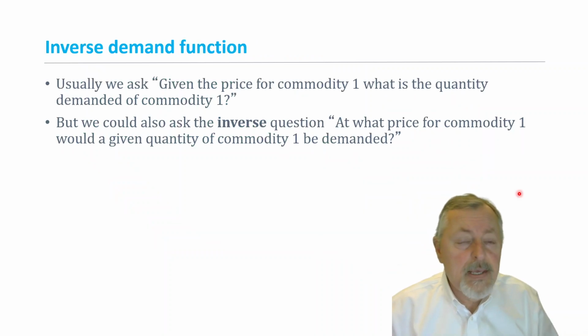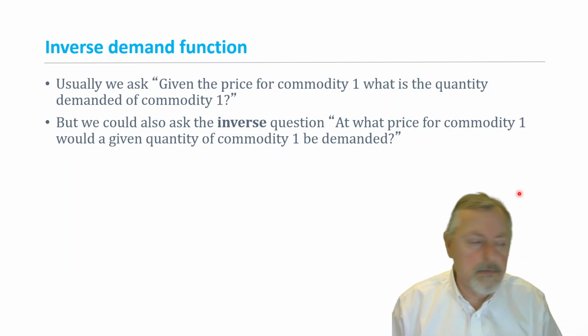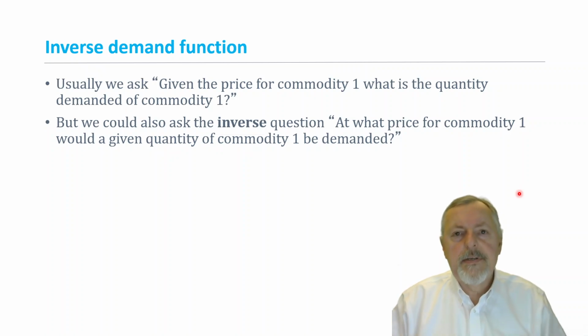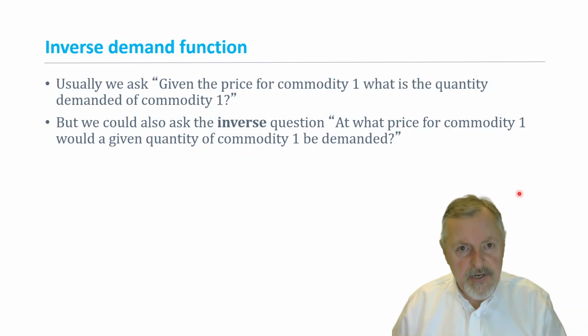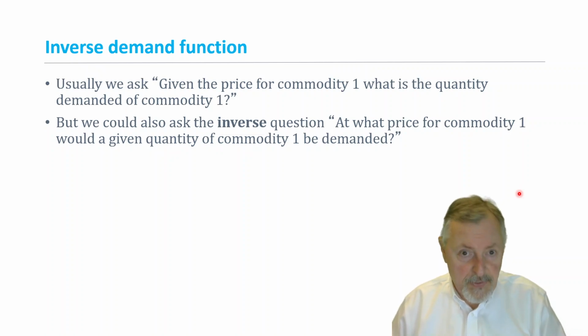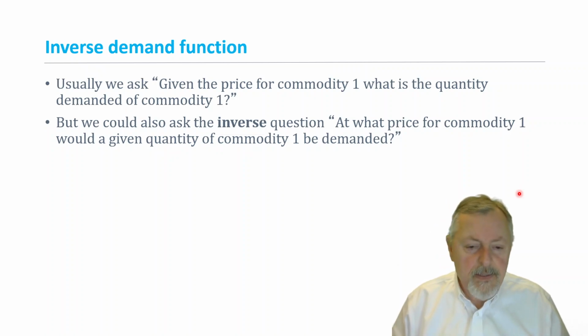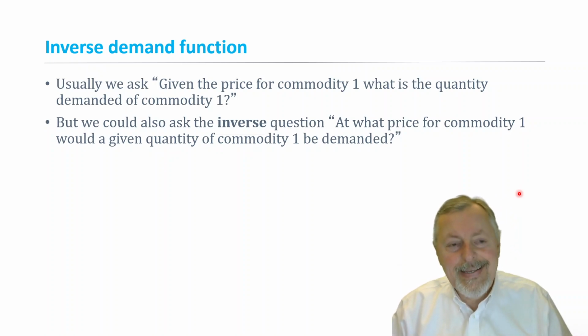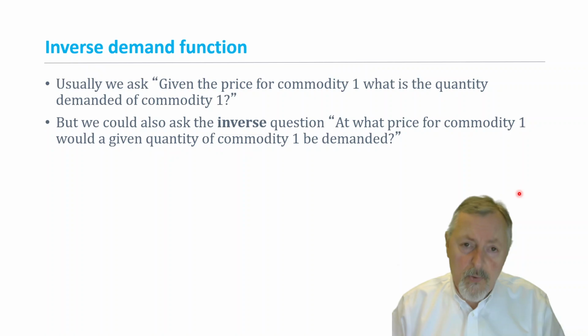Okay, the inverse demand function. This sounds a little scary, I think. Maybe. It's really not. What is a demand function? Well, it's something that shows the relationship between price of a thing and quantity of a thing that people buy. The inverse demand function is exactly the same information. It's just expressed the other way around.